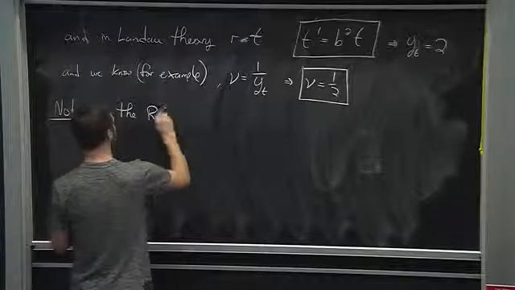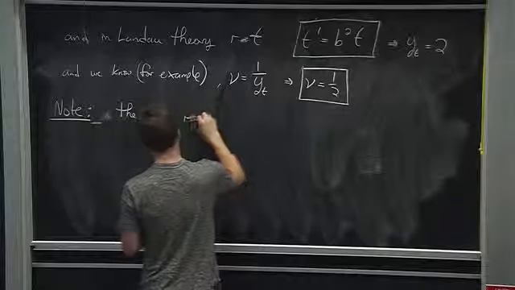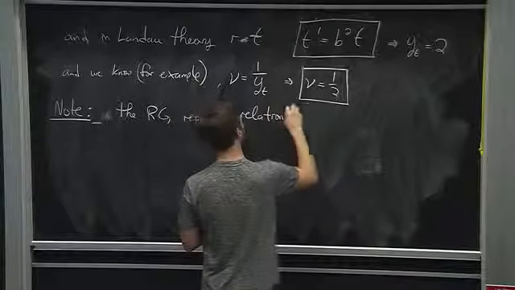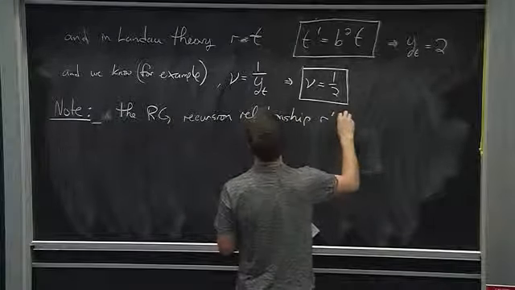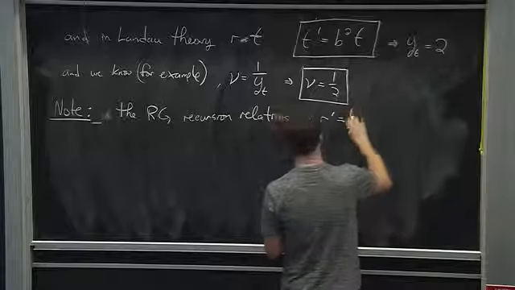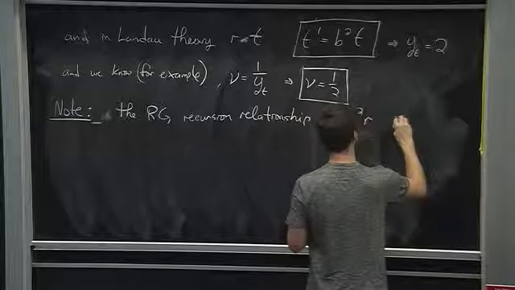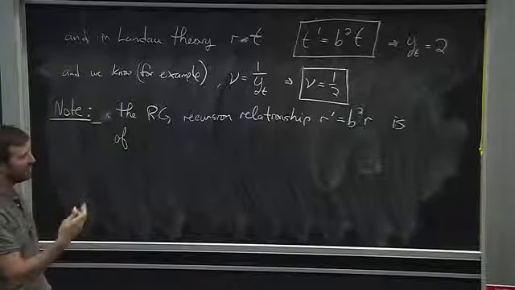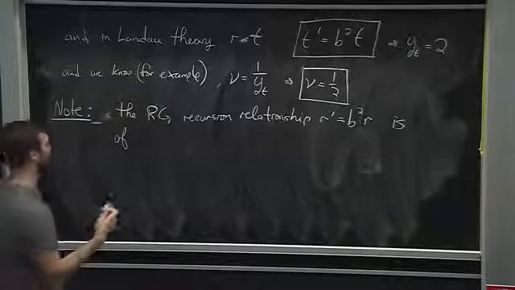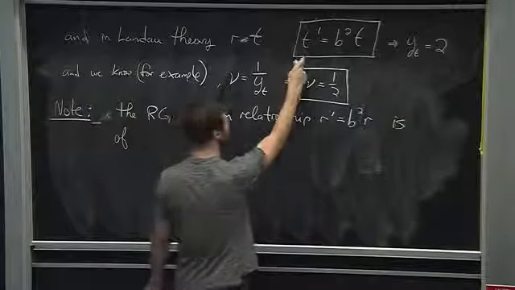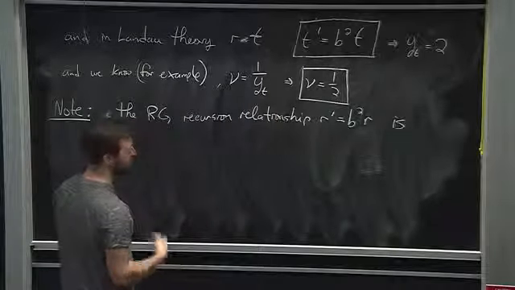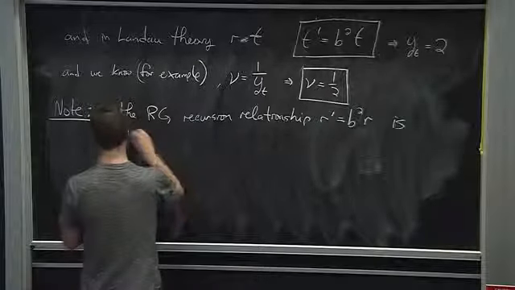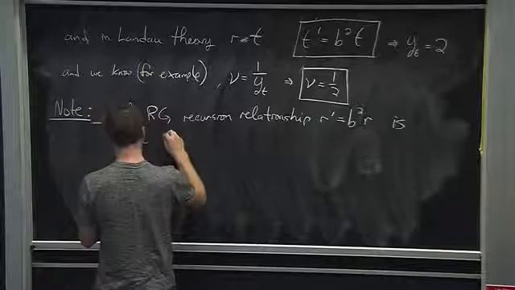So the RG recursion relationship, R prime equals B squared R. That's the thing you're analyzing, right? In this case, it's so trivial, it doesn't matter. But it's really this equation, the analysis of that step, which gives you all the power of the renormalization group. So that relationship is usually written different.